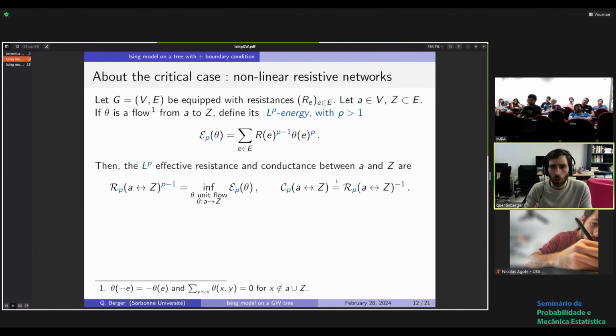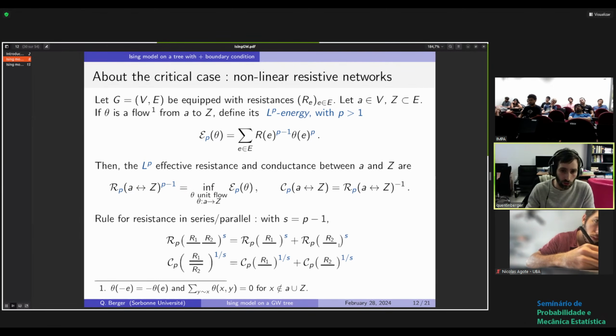Right, and actually a lot of things that you know on resistive networks also work on nonlinear resistive networks. The only thing that changes is the rule for resistances in series or in parallel.